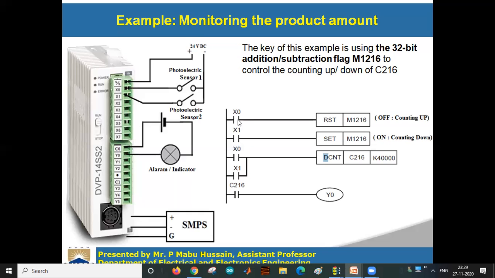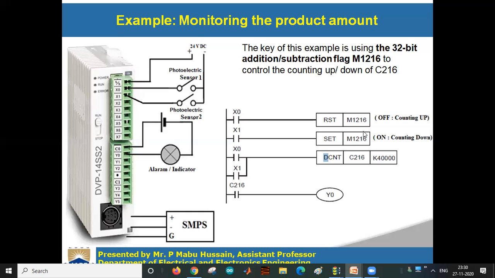Whether X0 or X1, if any one is on, your counter has to be on here. As per this program, whenever X0 is on or X1 is on, in both cases your counter has to energize, and whether the counter value increments or decrements is decided by this M1216.